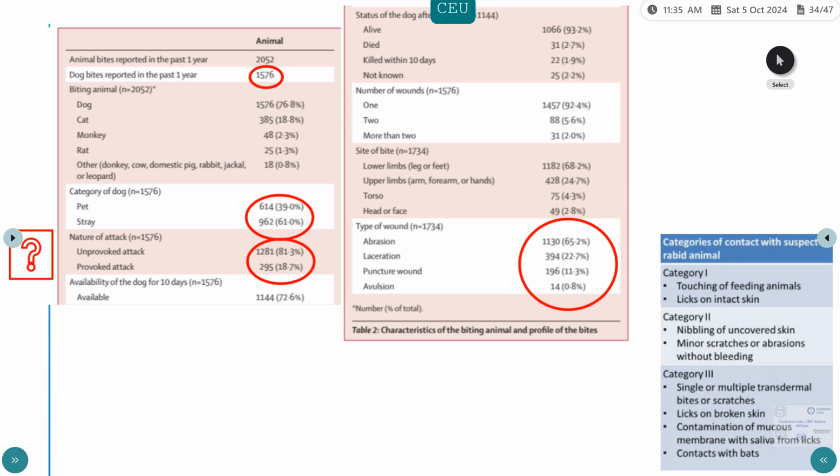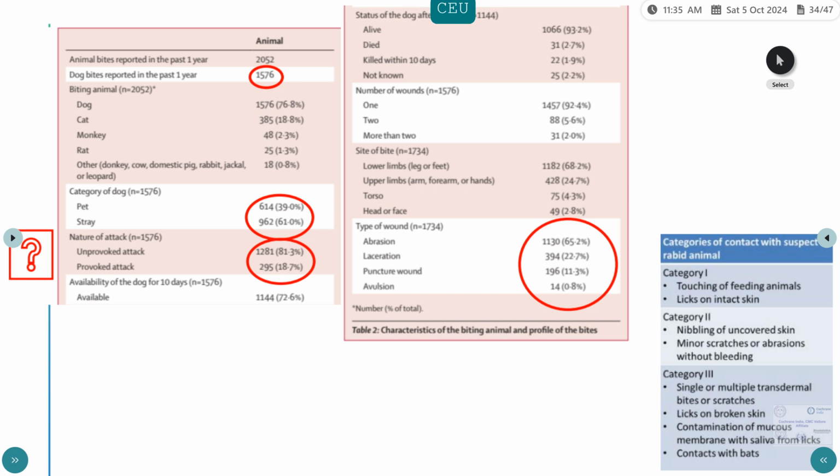Then they have tried to see whether they were suspected rabid dogs or not from this. The rest of the 30% they have tried to classify as suspected rabid dogs or not from a criteria which I'll come to subsequently.